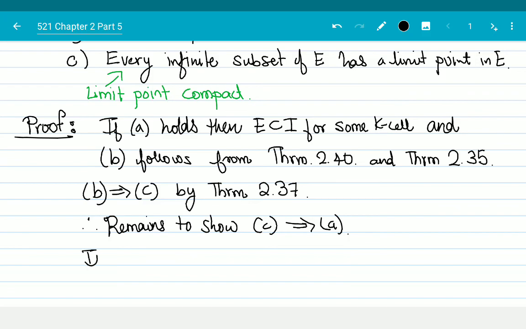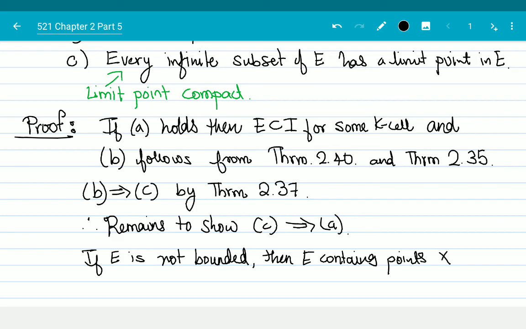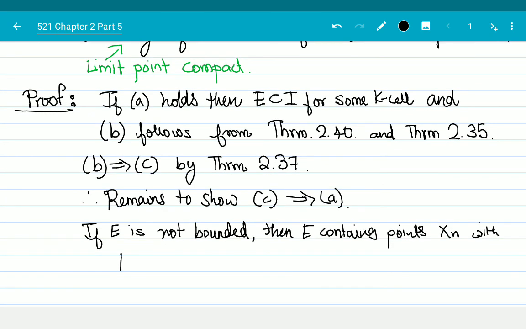If E is not bounded, then E contains points xn with norm of xn greater than n, for n equal to 1, 2, 3, dot dot dot.